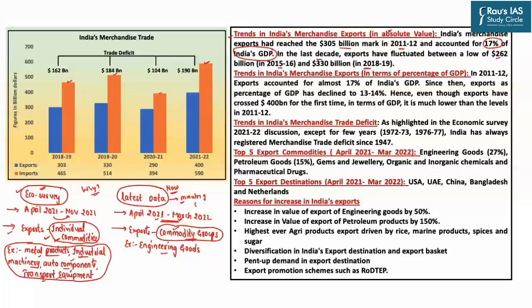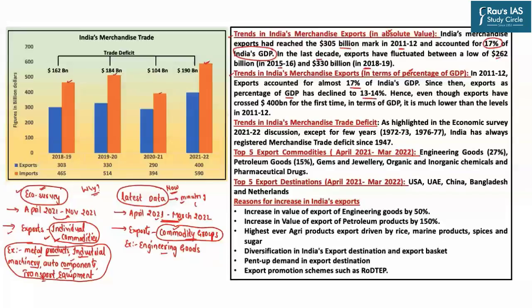Now, if you look at the trends in India's merchandise exports in terms of percentage of GDP. As I said here, in the year 2011-12, the merchandise exports accounted for 17% of India's GDP. But since then, the overall merchandise exports as a percentage of GDP have declined to around 13 to 14%.